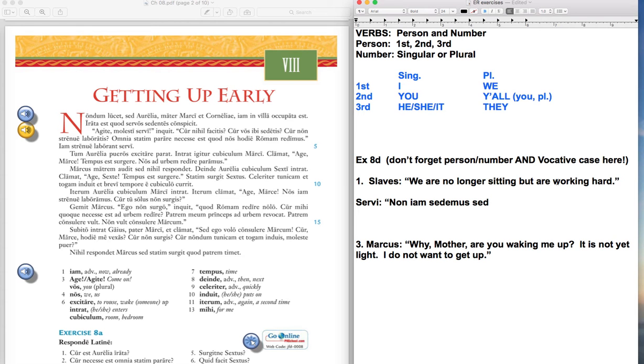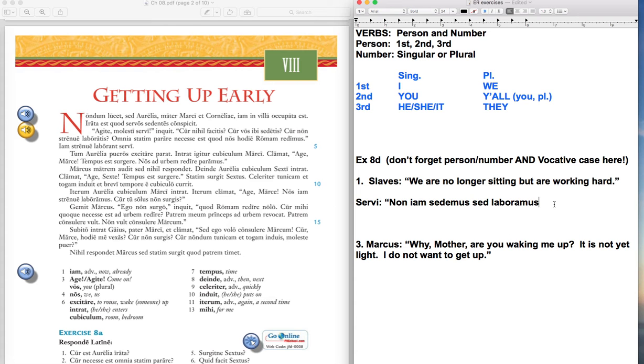Now, who are working? We are working. So that might not be perfectly clear, but it's obvious that the slaves are speaking about themselves. They're speaking about what we are doing or not doing. We are sitting is sedemus, but we are working. The word to work is laborare, but for this context it's going to be laboramus because of the we.